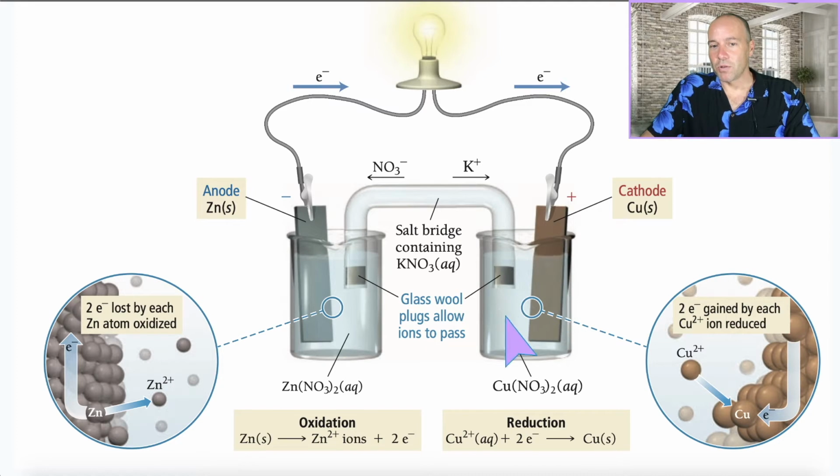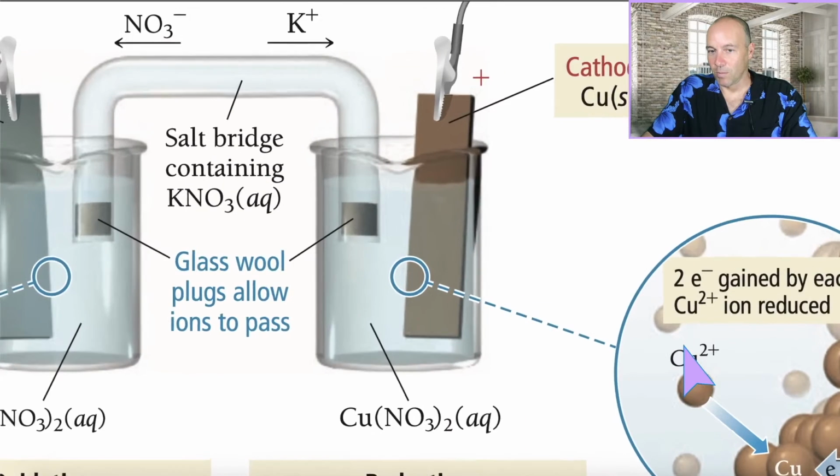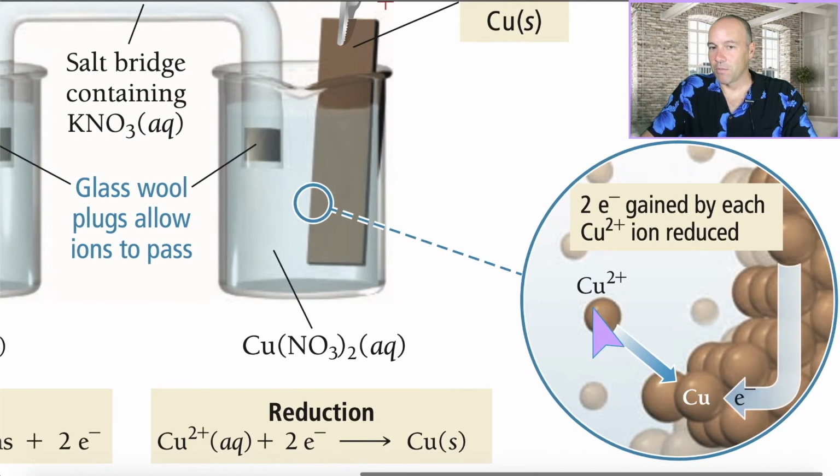Now the copper plus 2 ions are over here, and they somehow sense through the metal that there are electrons being produced somewhere. And those electrons travel along the metal, and that copper plus 2 ion over here, and we'll zoom in on that side, that copper plus 2 ion will grab 2 electrons, and when that happens, it forms an atom over on this side.